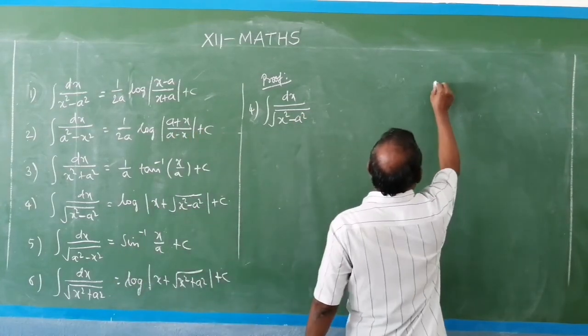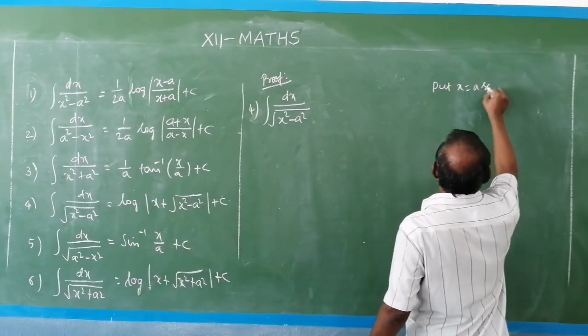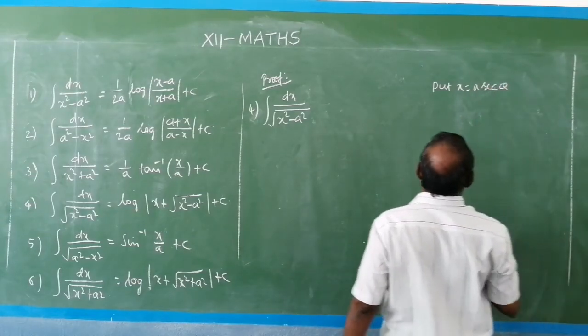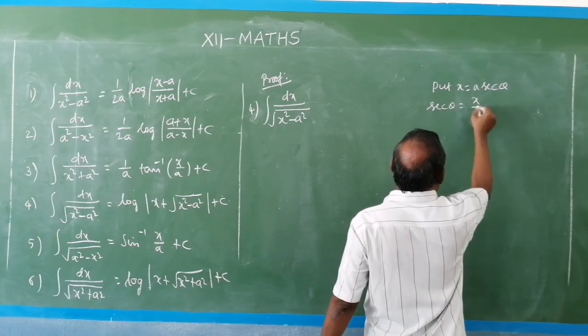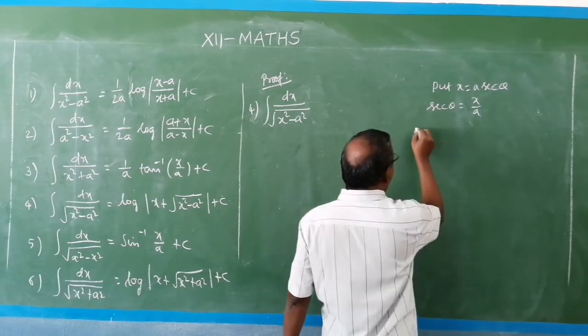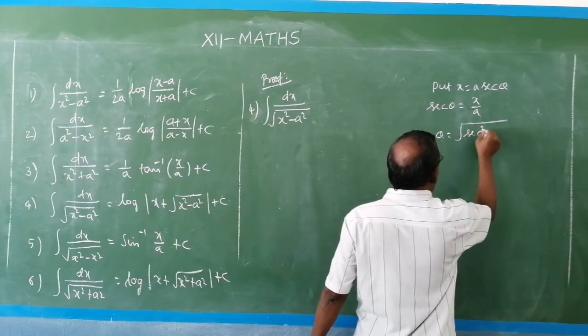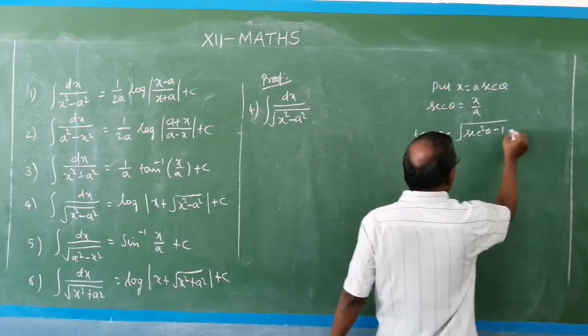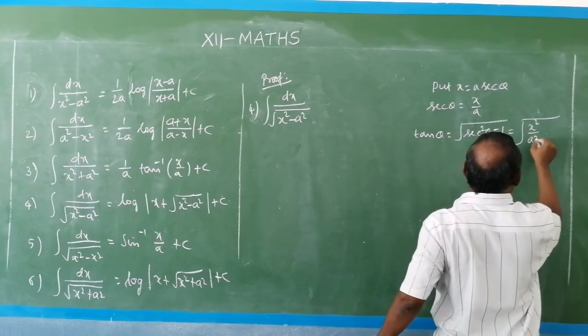Put x equal to a secant theta. Now secant theta equal to x by a. We know that tan theta equal to root of secant square theta minus 1, that is equal to root of x square by a square minus 1.